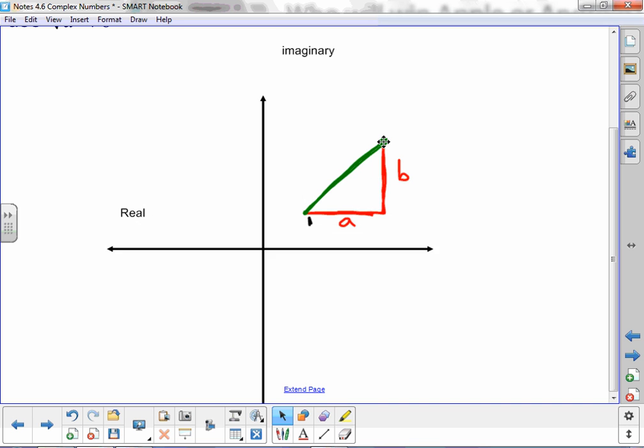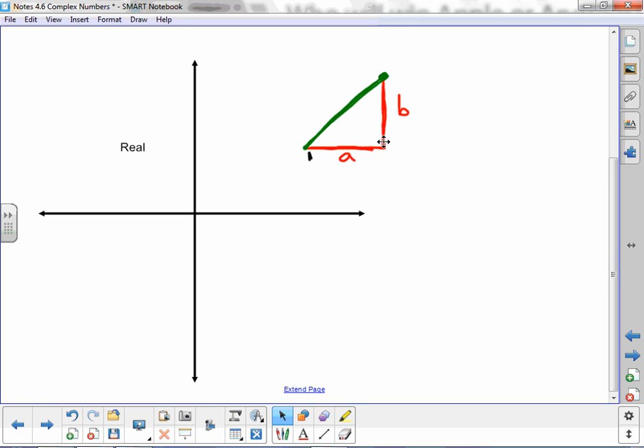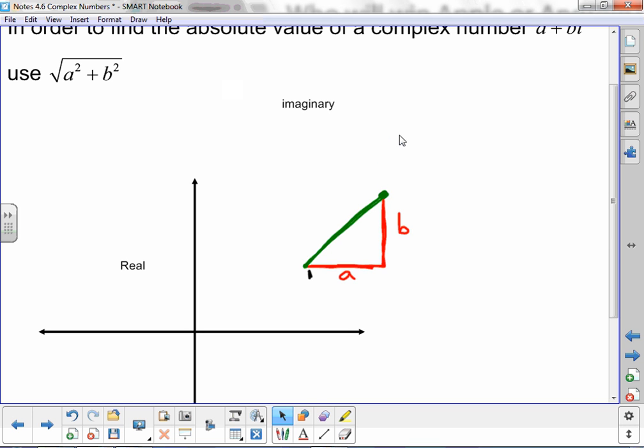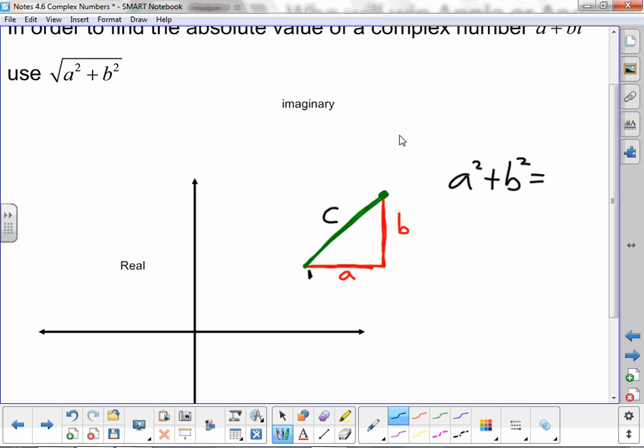Now, if I take away this coordinate plane, that's an actual triangle. Hopefully from geometry, you remember that a squared plus b squared is equal to c squared. The thing is that I don't want c squared. This is just a c. So I'm going to take the square root of both sides.